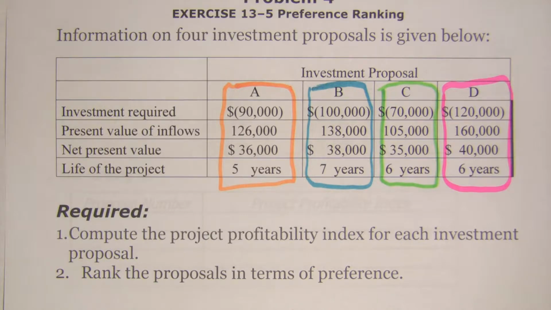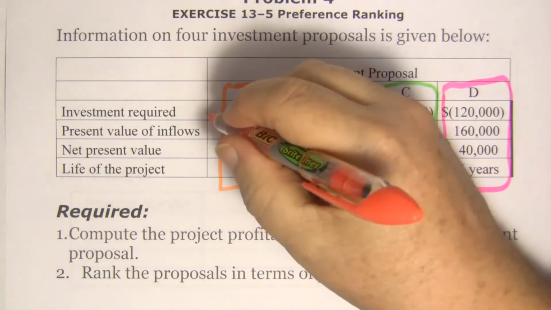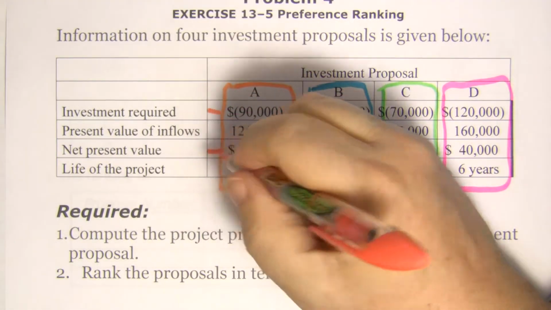And a project profitability index will give us a way to find that out. And what we're going to do for that is, for each project, we're going to compare the net present value to the investment required. So we're going to compare this to this.